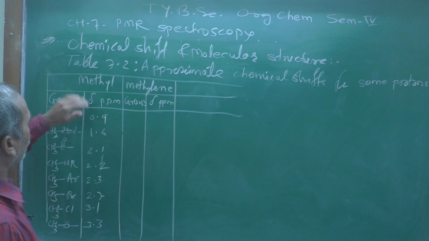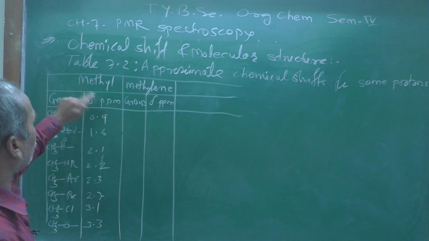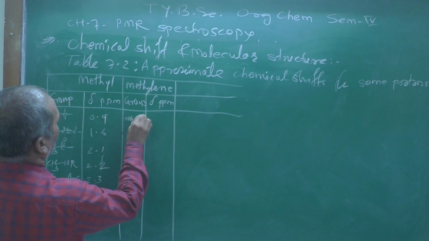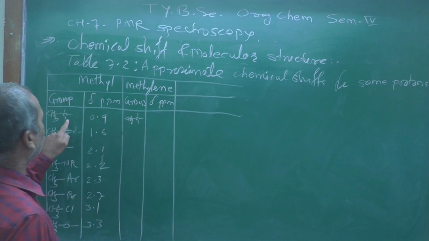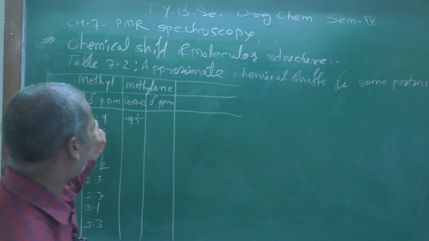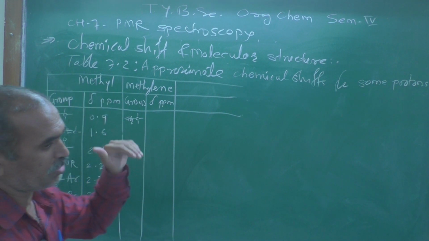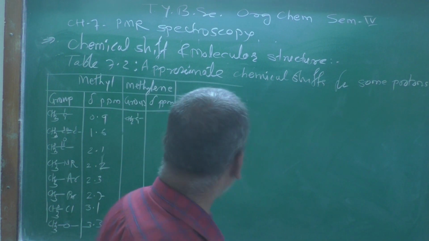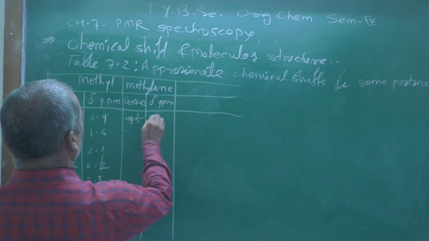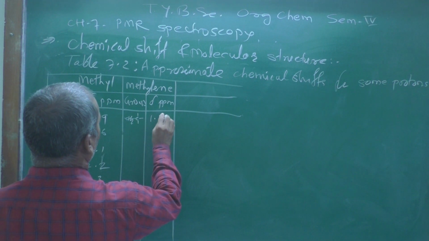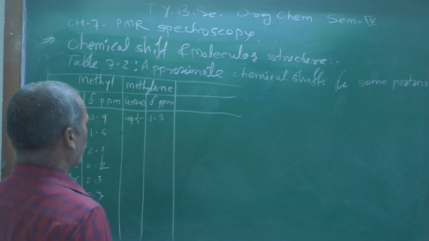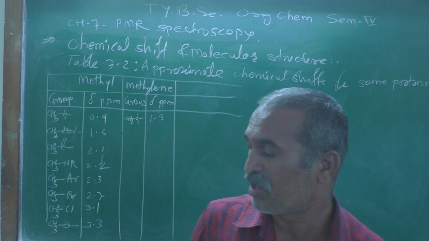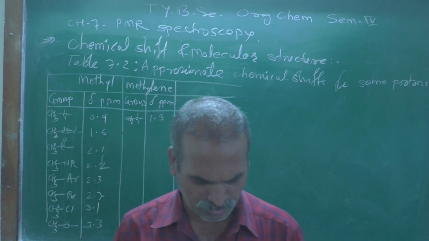One hydrogen atom less than the methyl group is called a methylene, and here we can write CH2 and then further attached to a saturated carbon atom, and here just add the 0.4 delta value or ppm, and after adding that you will get here 1.3 or 1.4, let us say 1.3, that is the delta value, chemical shift value found for the methylene group.